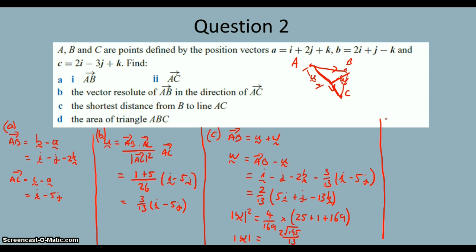So for question D, the area is equal to a half times the magnitude of AC, which is square root of 26, times the magnitude of W, which we worked out was 2 root 195 all over 13.